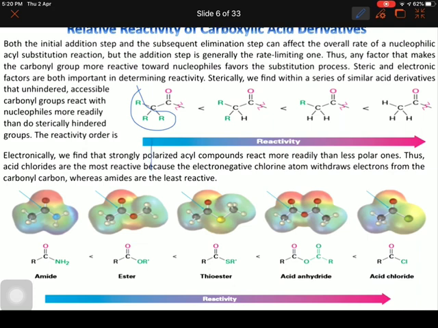If the R is CH3, it gets more bulk. The more bulky one has less reactivity. The one without bulk has high reactivity.